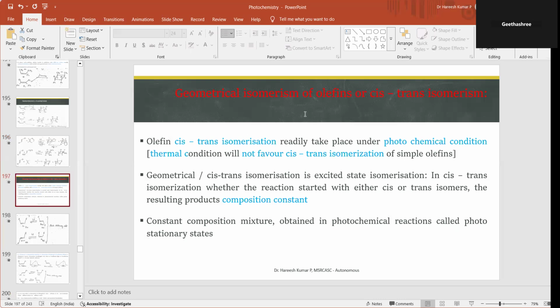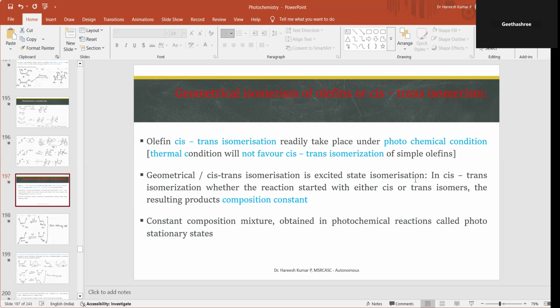Here I am taking the geometrical isomerism of olefins, or cis-trans isomerism. So cis-trans isomerism of olefins readily takes place under photochemical conditions, but not under thermal conditions. Under thermal conditions, cis-trans isomerism is not possible, but under photochemical conditions, it's possible. Geometrical or cis-trans isomerism is excited state isomerism.